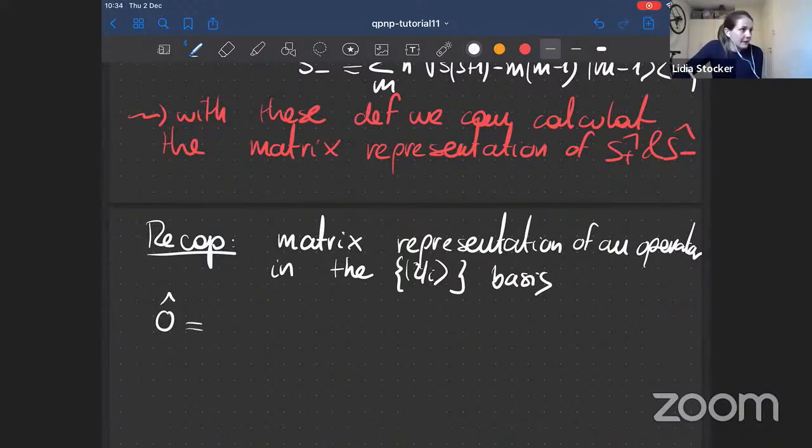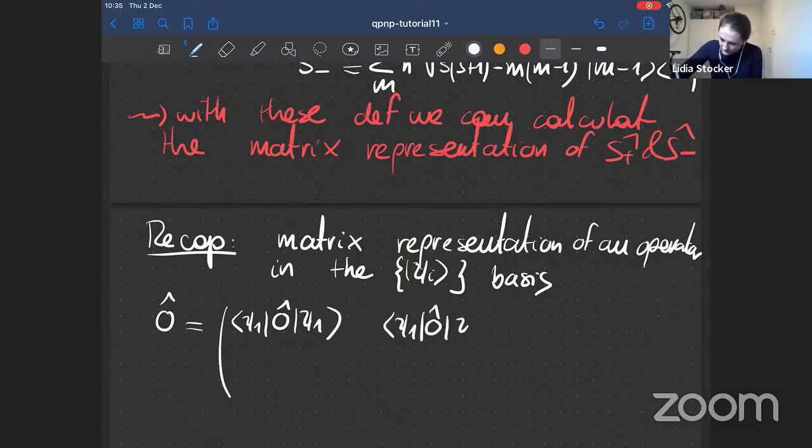I will write this as, the first element here will be the expectation value of the operator in the psi 1 vector. And then here this is not an expectation value anymore, but an overlap of these two vectors applied with the operator, O psi 3 and so on.